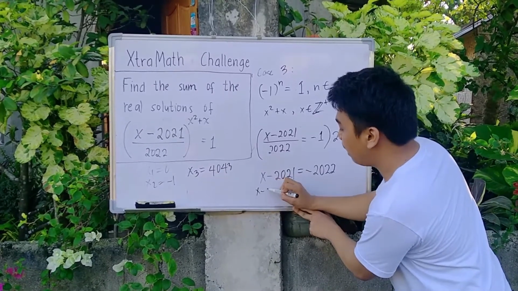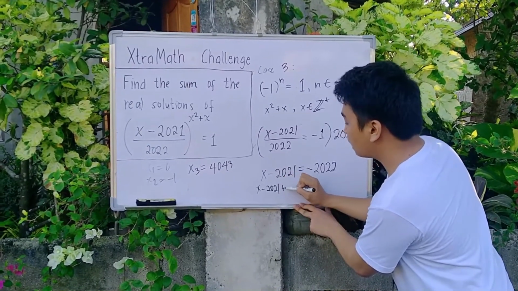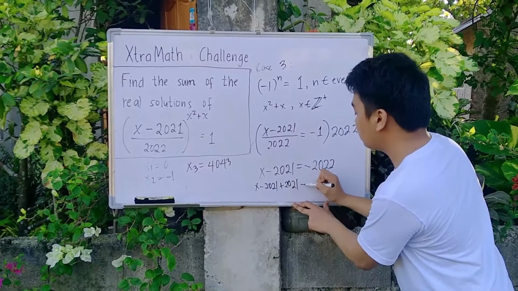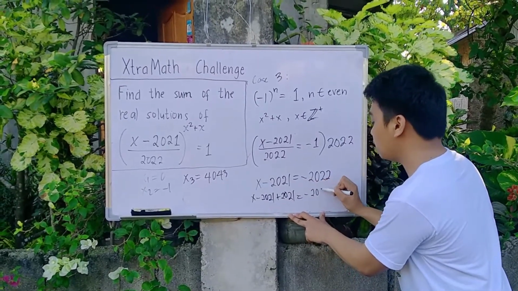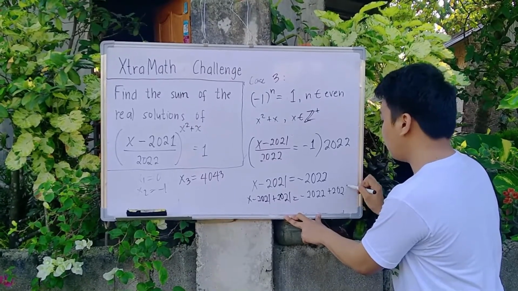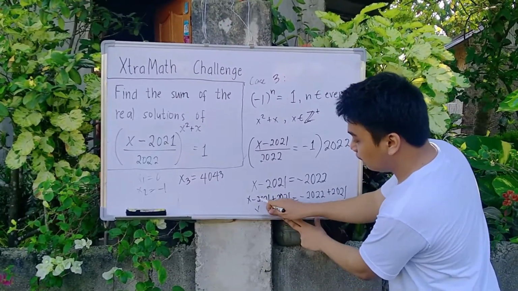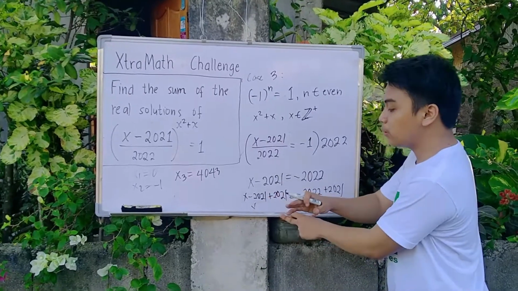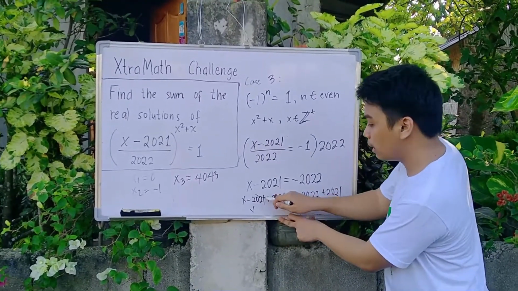And para ma-solve natin yung x, kailangan natin mag-add both sides by 2021. So, x minus 2021 plus 2021 is equal to -2022 plus 2021. Matatanggal na ito kasi -2021 plus 2021 is equal to 0.